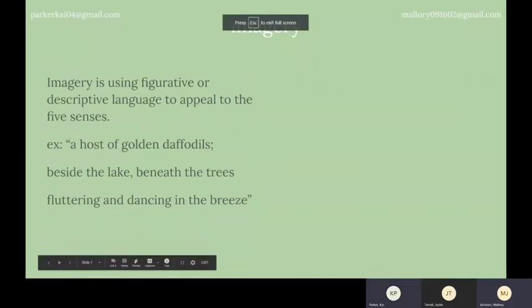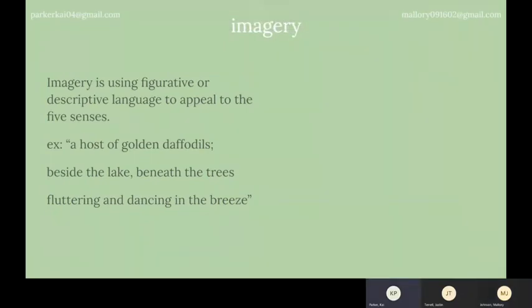So now we're going to talk about some imagery and other figurative languages. So imagery is using figurative language or descriptive language to appeal to the five senses. An example that we have here is a host of golden daffodils beside the lake, beneath the trees, fluttering and dancing in the breeze.